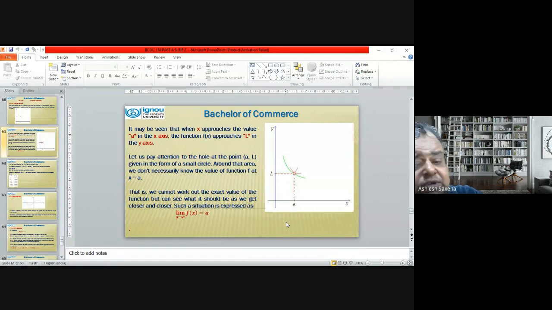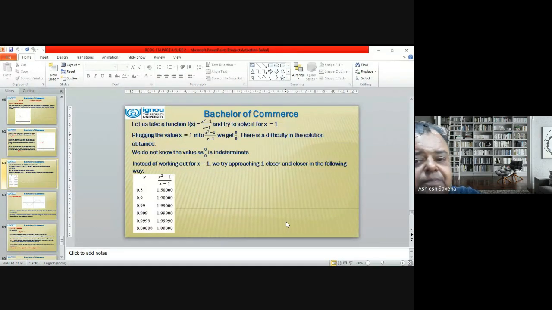Such a situation is expressed as limit x tends to a of f(x) is equal to A. In other words, just replace the value of x in f(x) by a, and you are going to get a number.